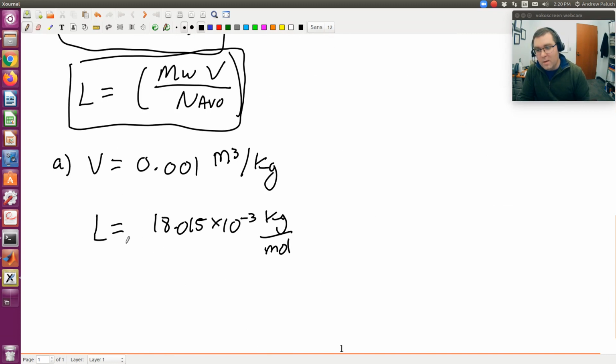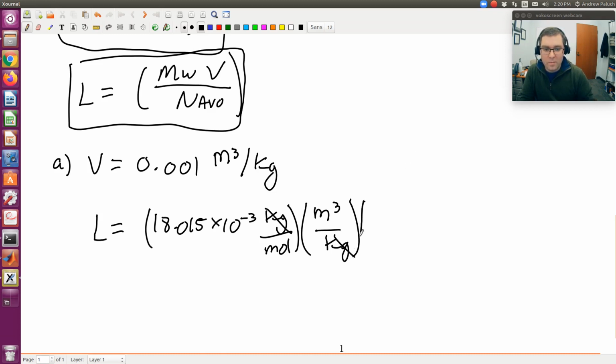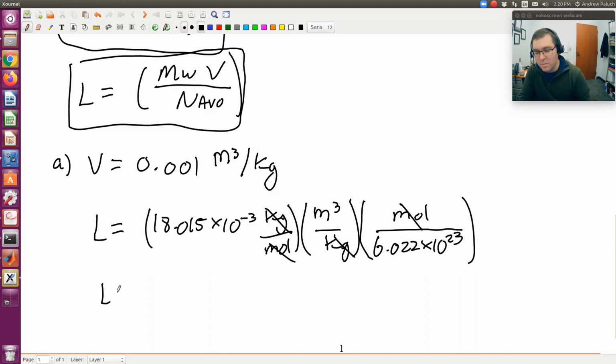Times my volume, which is meters cubed per kilogram, so kilograms cancel. Then it's divided by N Avogadro, 6.022 times 10 to the 23rd inverse moles. So moles cancel, and I'm left with just meters cubed.